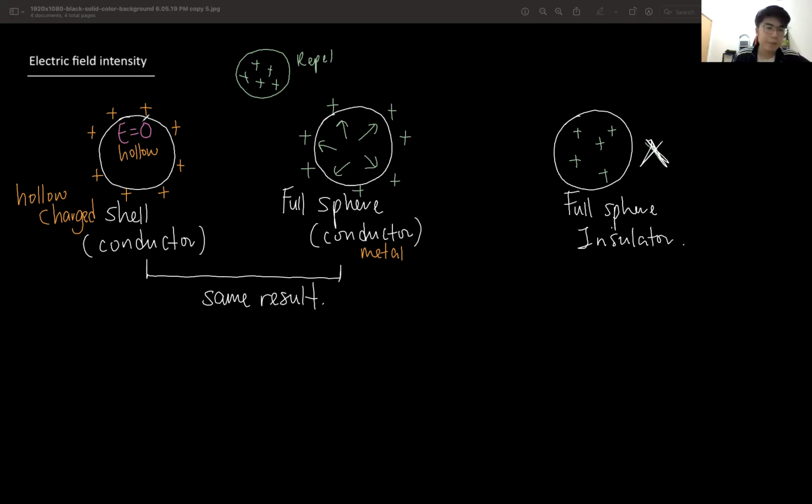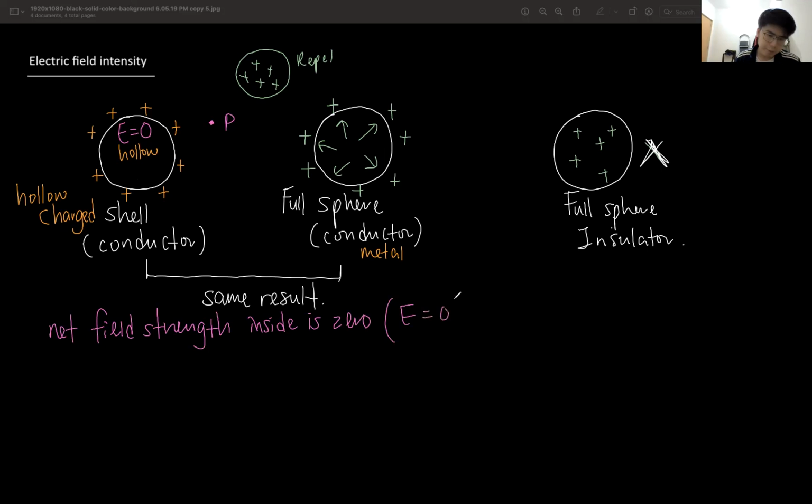That is inside. Then outside the field, let's take this point P. Outside the sphere, at a certain distance away, there is a field. And outside, it will treat the charge as if it was a point charge. Let me write it down here. Net field strength inside is 0. Okay, so inside is 0.